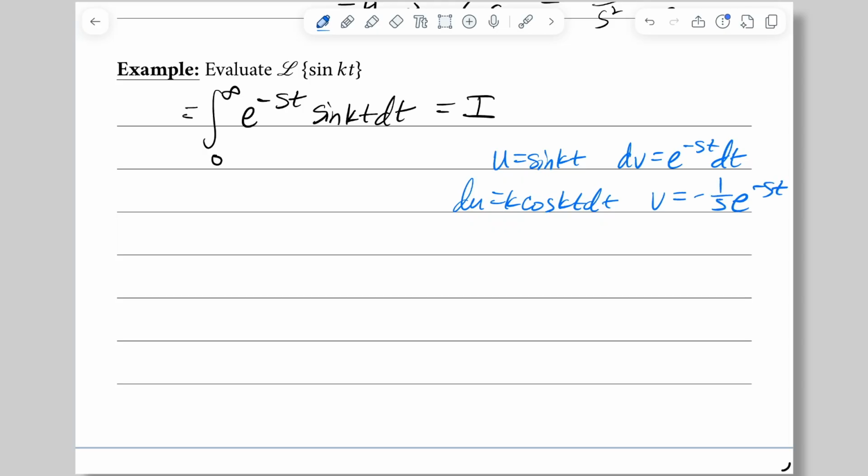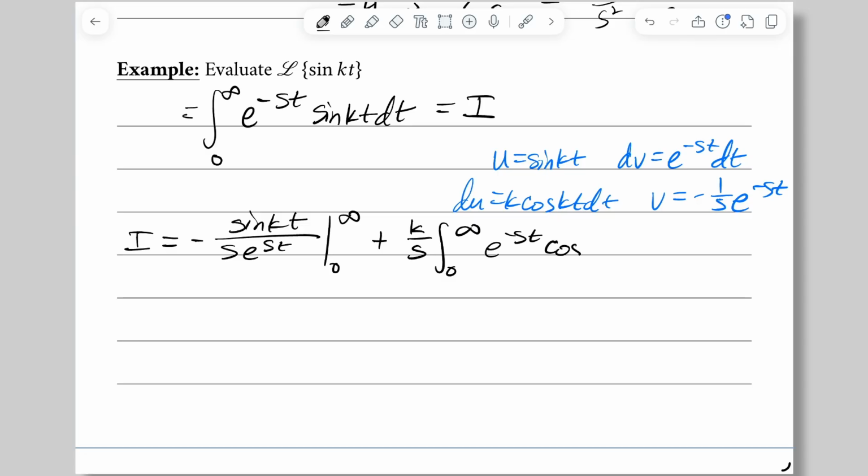The integral then, the Laplace transform, is negative sine of kt over s times e to the st evaluated from 0 to infinity, plus k over s times the integral from 0 to infinity of e to the negative st times the cosine of kt dt.